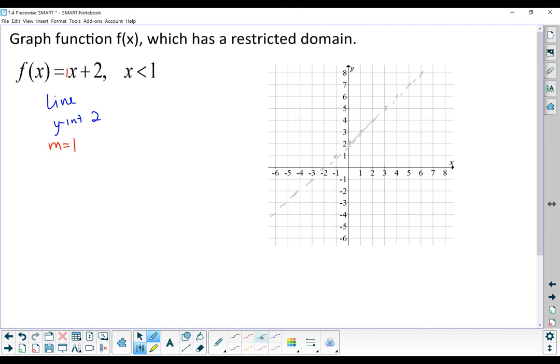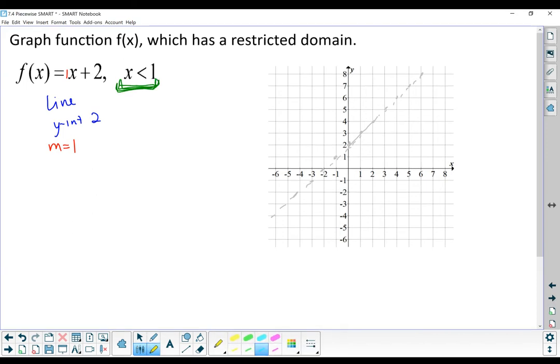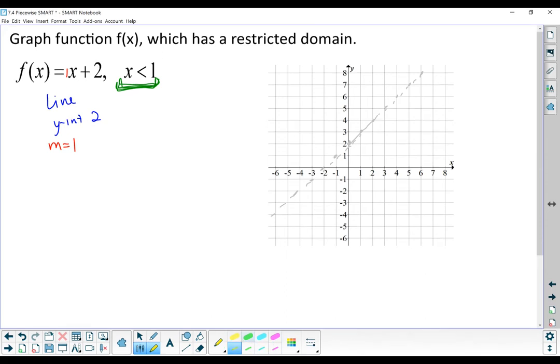Our function that we want to graph has a domain of only x values that are less than 1. So we want to keep all of the parts of the function for values of the domain less than 1. We want to keep this entire left-hand side of the graph, but anything that is outside of that domain, anything over here on the right side, we want to erase away.